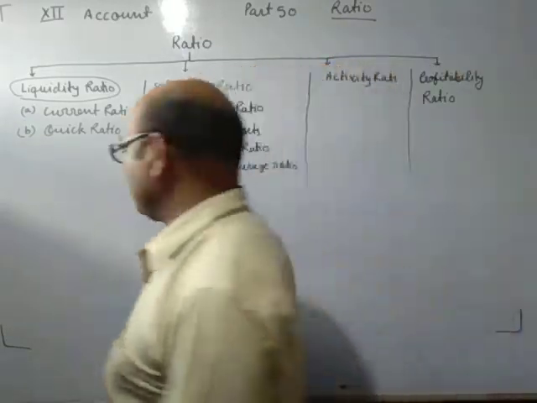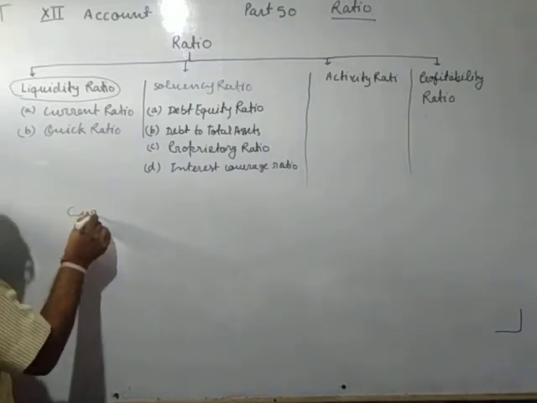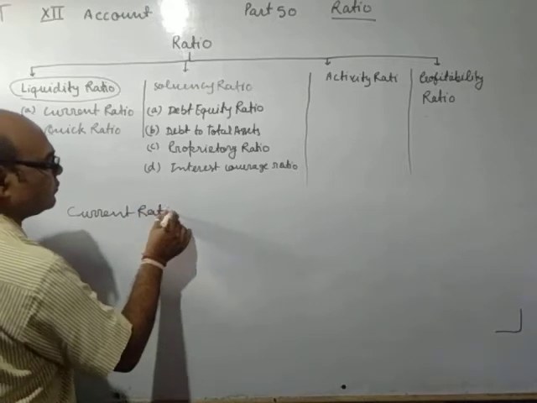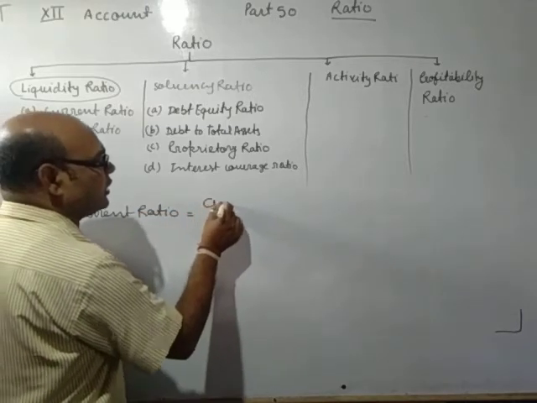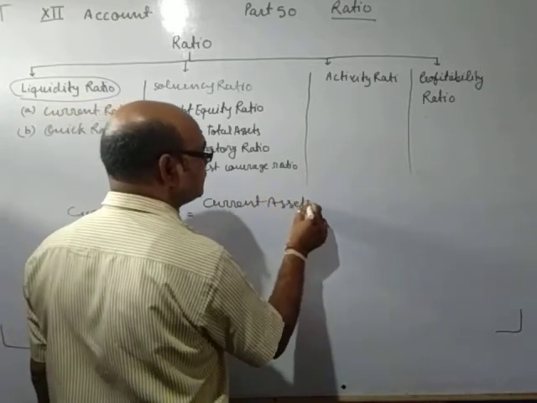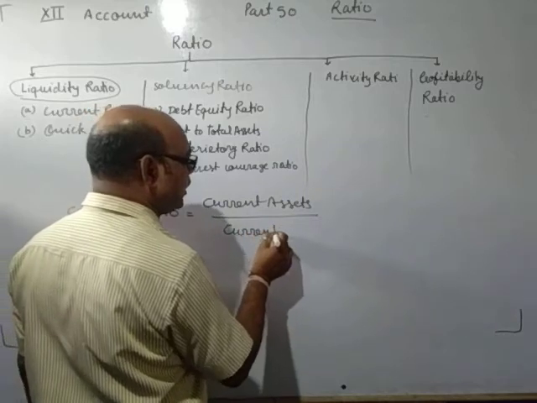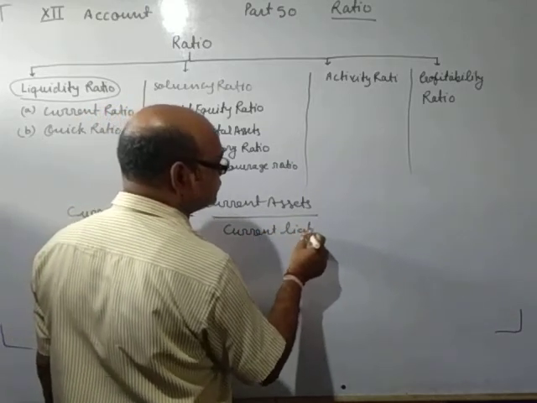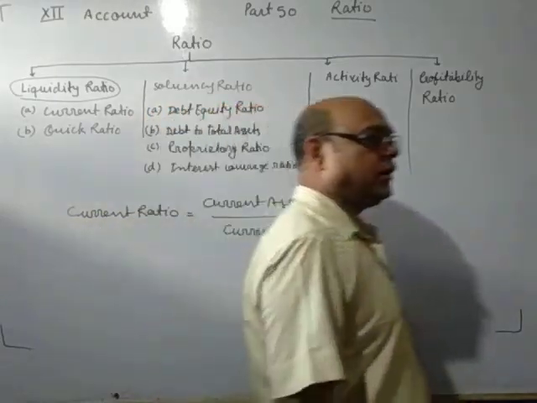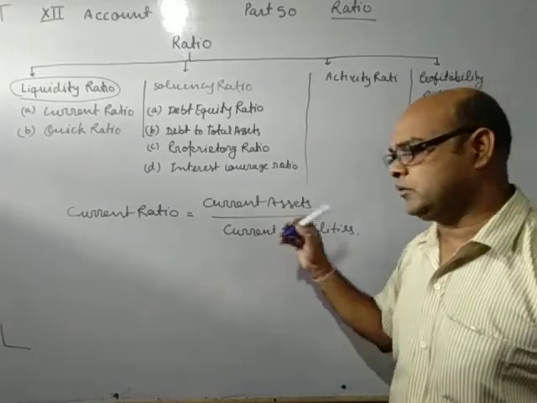So for the current ratio you use the formula: current ratio equals current assets upon current liabilities.